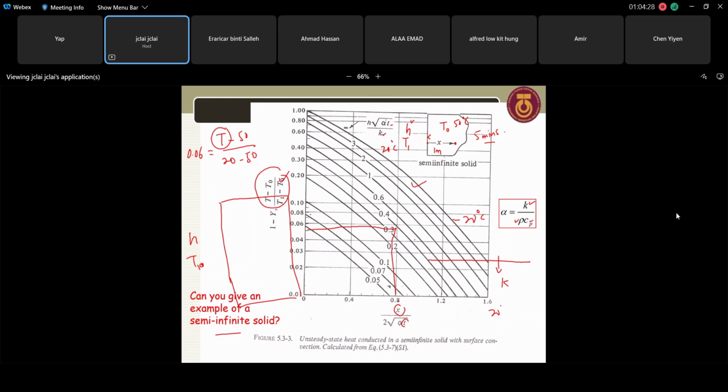The other side of the wall is insulated. Heat is lost through one surface only, since this part is insulated. So this thick wall can also be assumed as a semi-infinite solid.